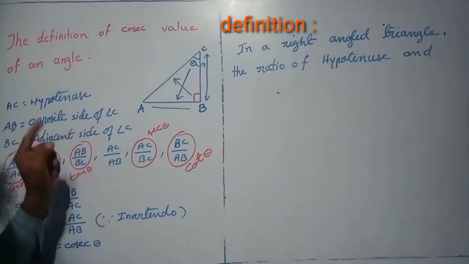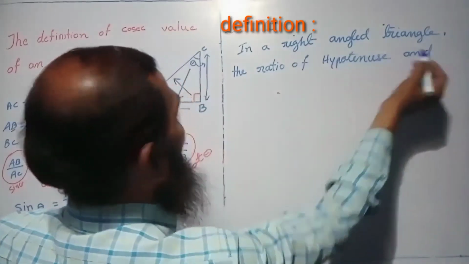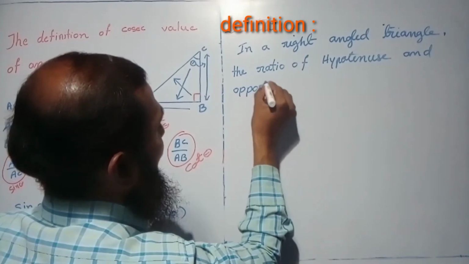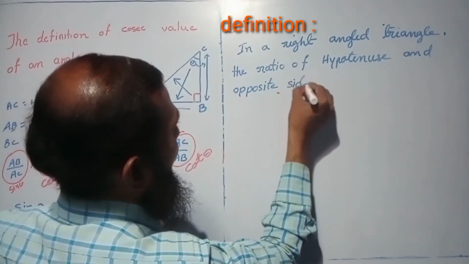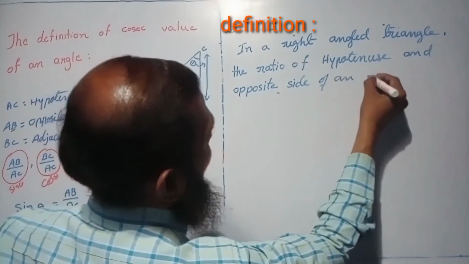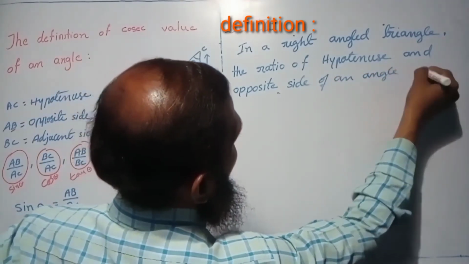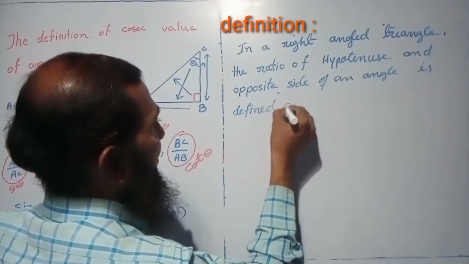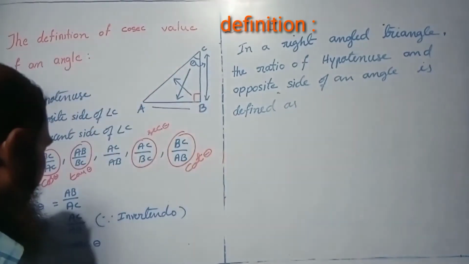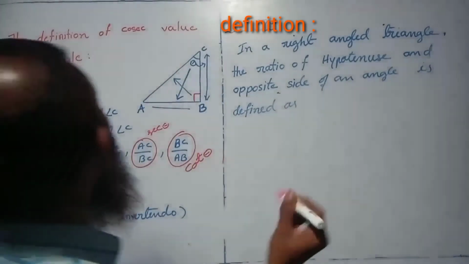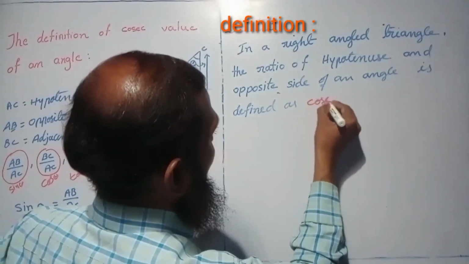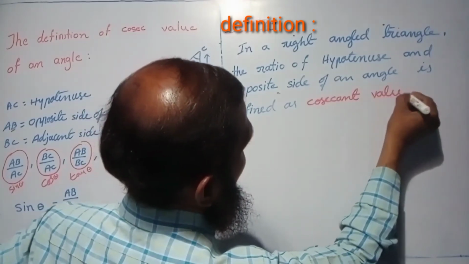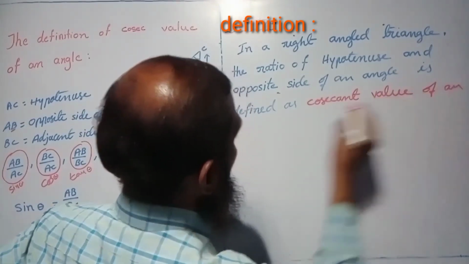AB means opposite side. So the ratio of hypotenuse and opposite side of an angle is defined as the cosecant value of an angle.